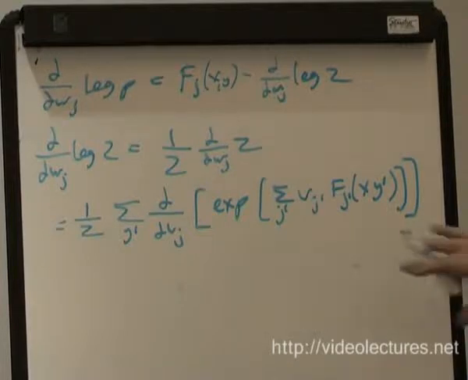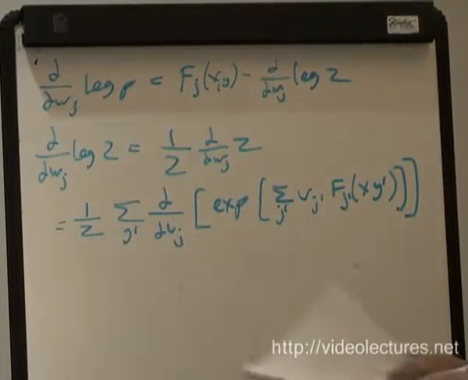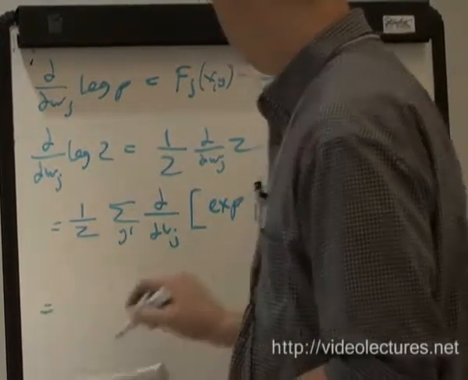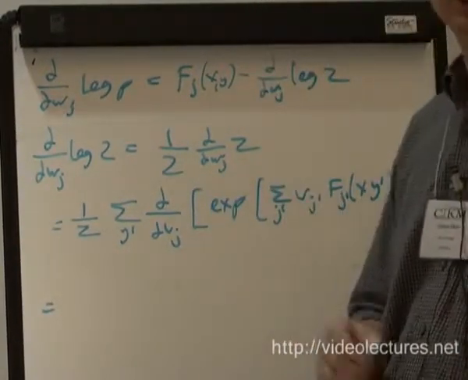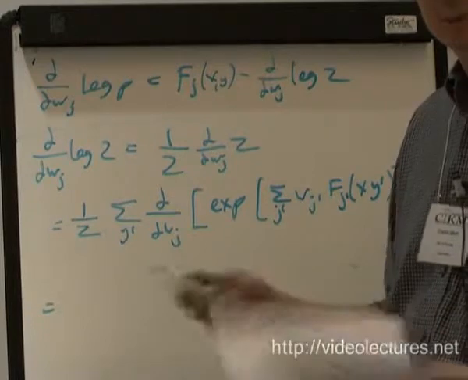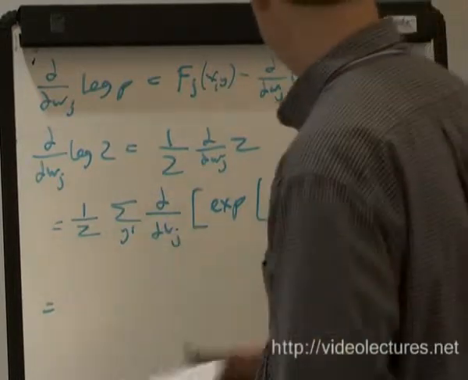So really the only thing I've done here is write out what z is, which is the sum of the numerator. So here's the numerator. But then the derivative of an exponential is the exponential times the derivative of what's inside the exponential.